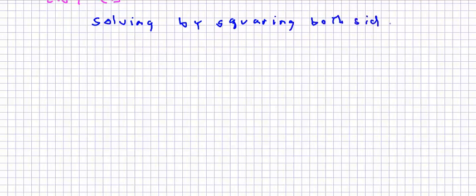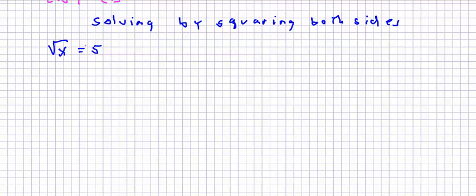The next part is solving by squaring both sides. This happens when you have an equation with a square root. For instance, square root of x equals 5.